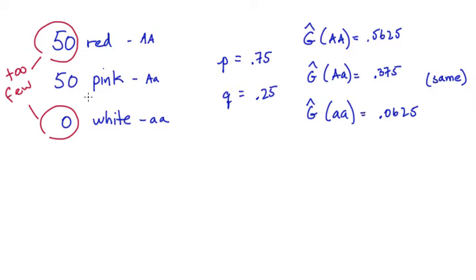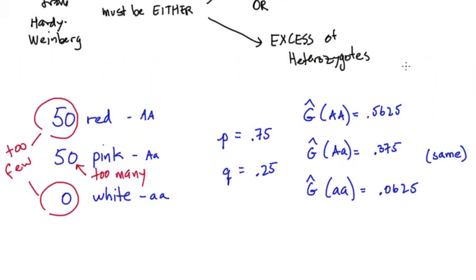And the heterozygotes are too many relative to Hardy-Weinberg, 50% rather than 37.5%. Both this and the first example show departures from Hardy-Weinberg, but in the second example, there's an excess of heterozygotes.